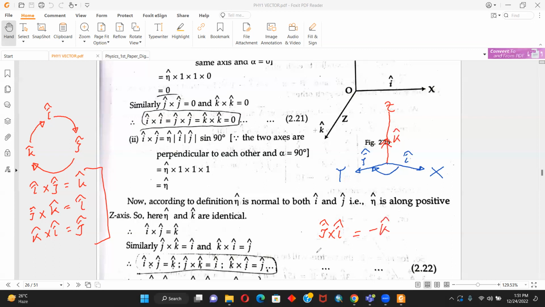Then k cross j will be minus i, and then i cross k will be minus j. As simple as it gets.